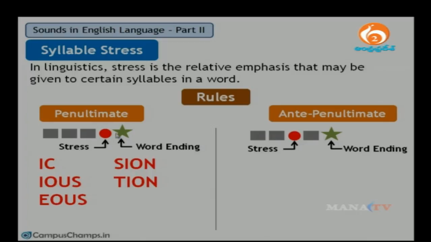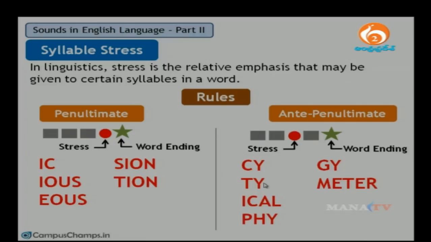Earlier we were stressing on the second last. Now we will stress on the third from the last. Please make a note of these word endings: CY, TY, ICAL, PHY, GY, METER.